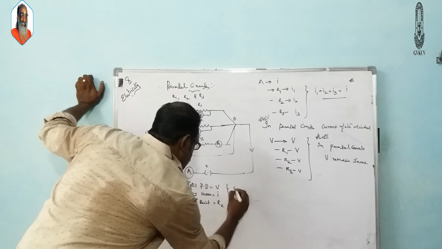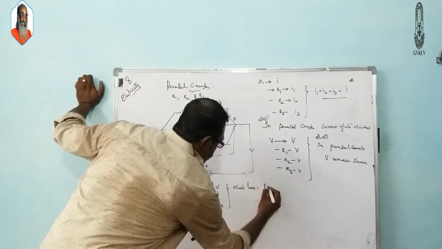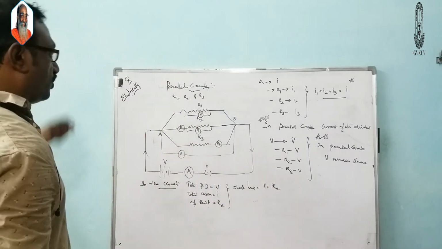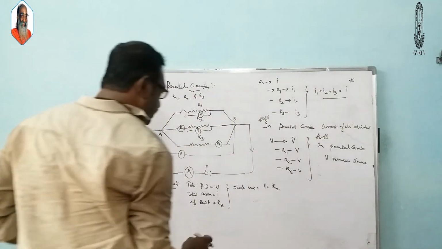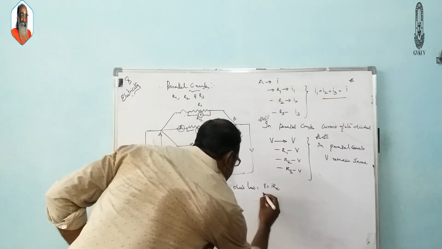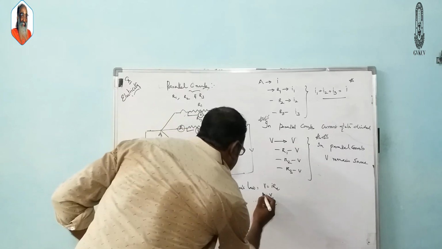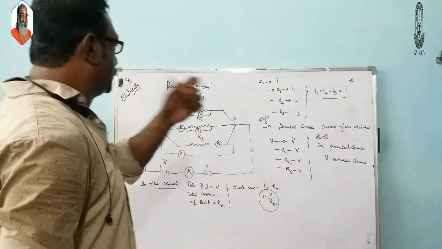Applying Ohm's law, we get V is equal to I RE. Now we are going to work with the current, because here the current is getting divided. So I write I is equal to V by RE.